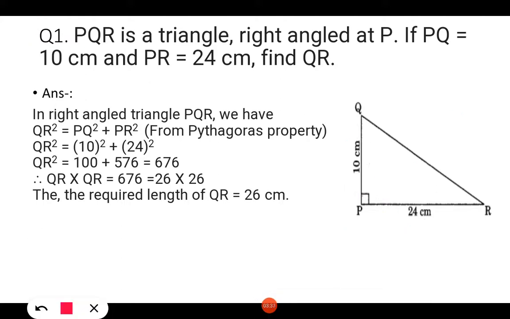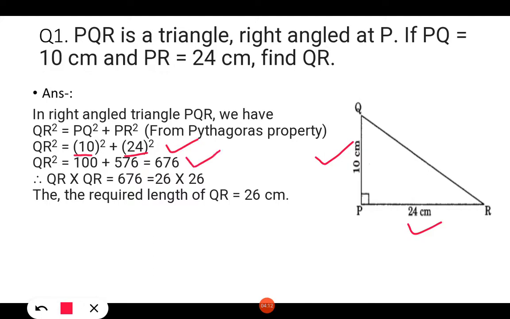So applying Pythagoras property in right angle triangle PQR, we have QR square is equal to PQ square plus PR square, from Pythagoras property. Substituting the values as PQ is 10 centimeter and PR is 24 centimeter, we have QR square is equal to 10 square plus 24 square.